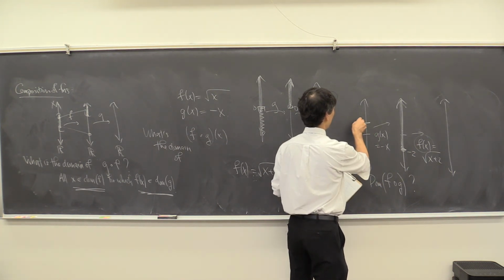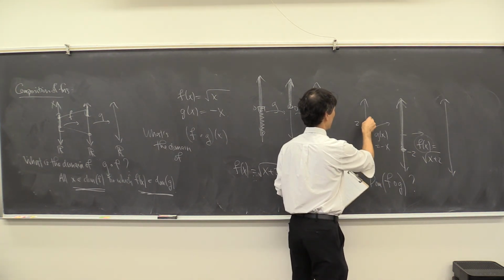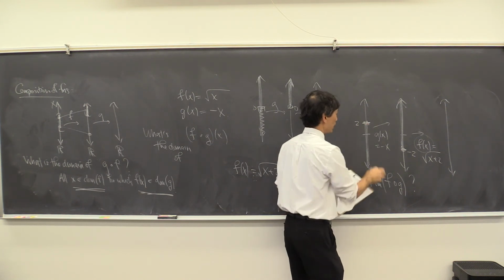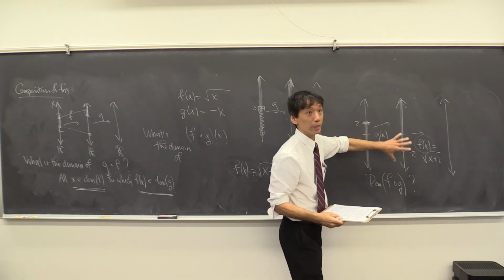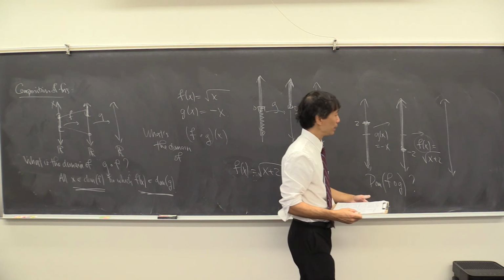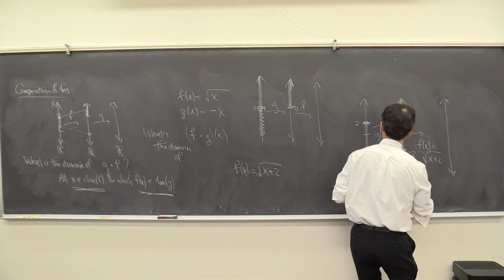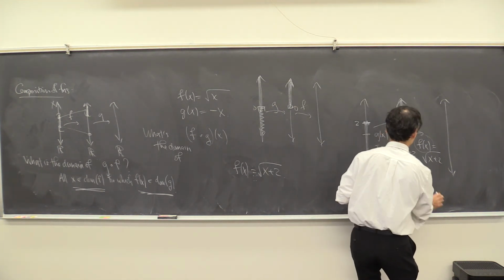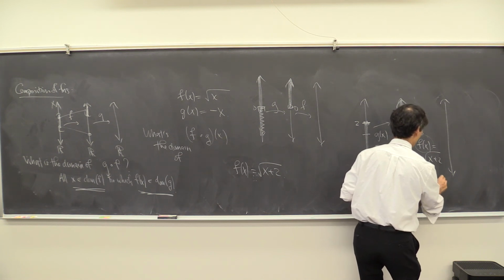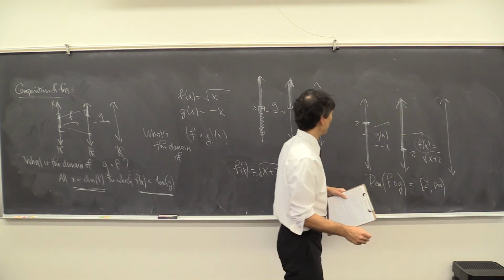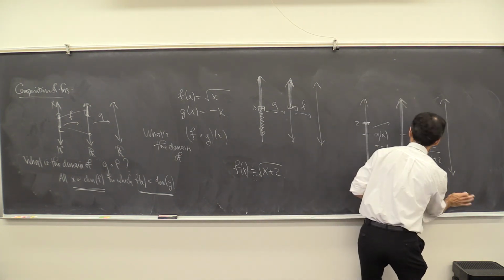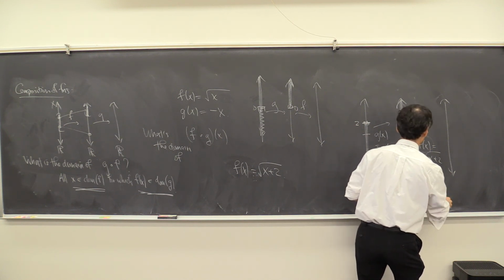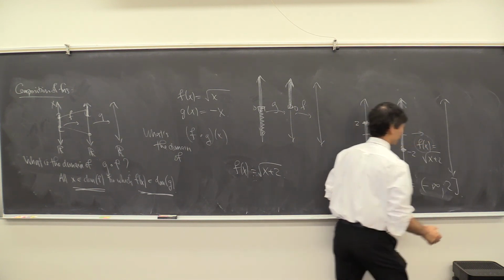Well, everything from positive 2 downwards is going to get flipped by g into there. So yeah, that's right. It's from negative infinity up to 2 inclusive.